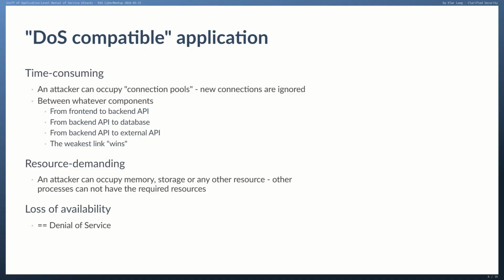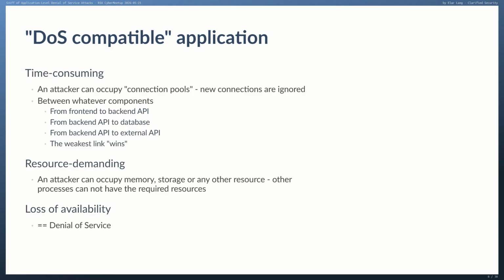If those requirements were ignored, then you may end up with a denial of service compatible application, which means that it may provide time-consuming responses, which means slow responses from the application. And it also puts the spotlight on one extra term, connection pool, which means maximum parallel connections from one service component to another.